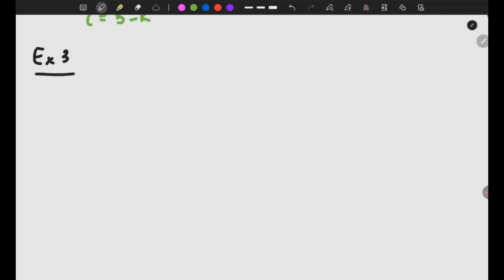Okay, I give you 3x squared plus 2x plus k equals to 5. A bit different.